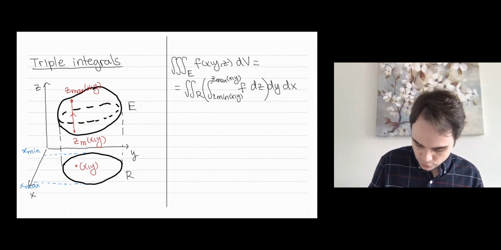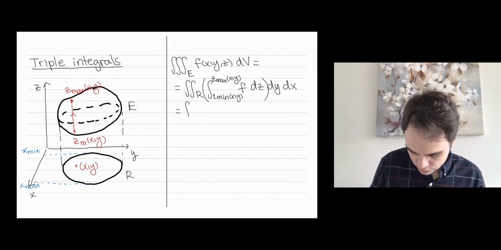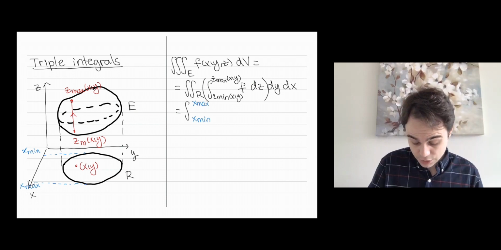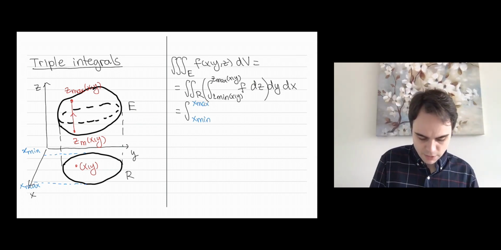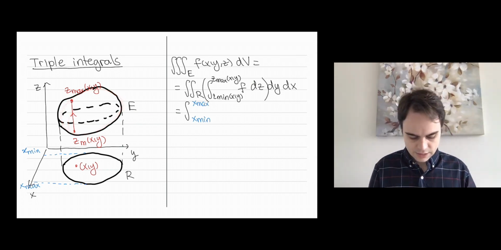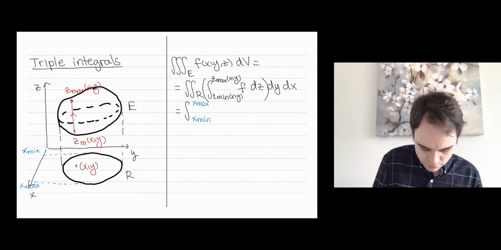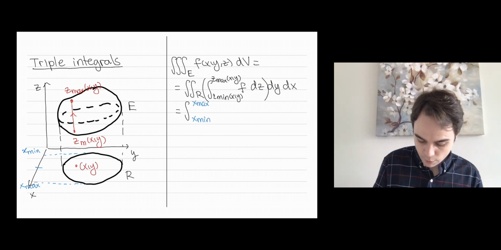So you look at those, and then you set up a single integral with respect to dx from x min to x max. These are the minimum and maximum of x in the whole 3D shape.